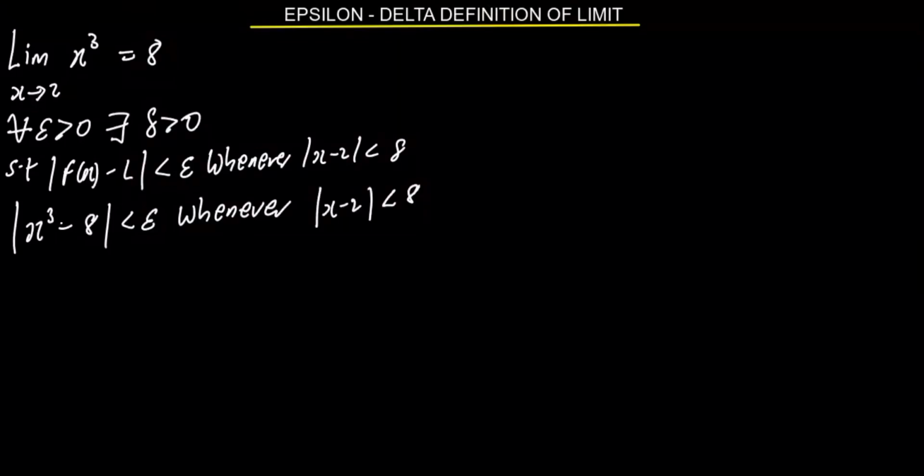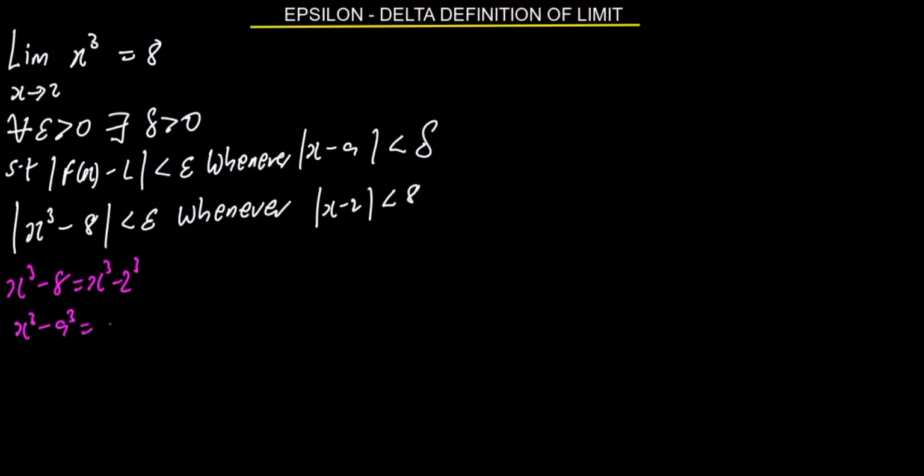Now, let's focus on this part. X cubed minus 8. I can write that as x cubed minus 2 cubed. And recall that if I have x cubed minus a cubed, for example, I'll have x minus a, then x squared plus ax plus a squared.